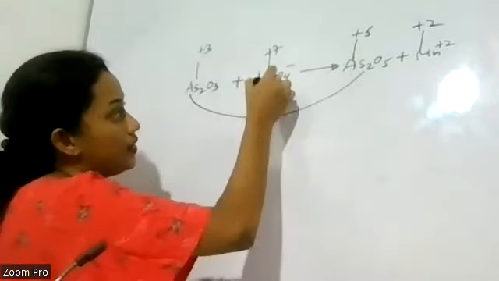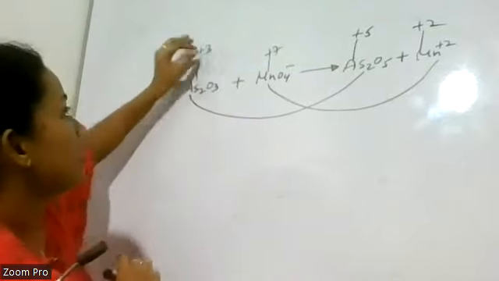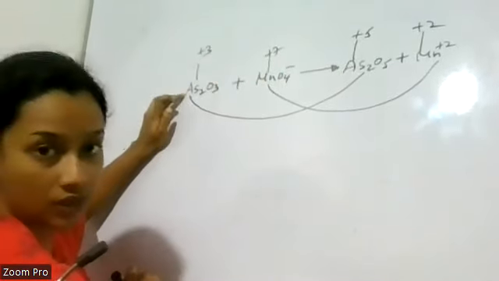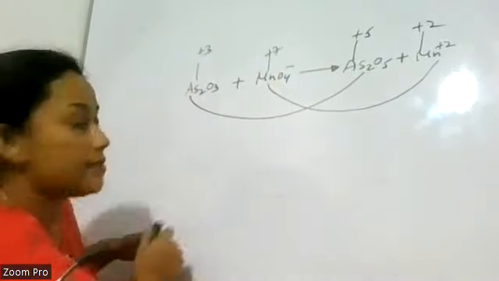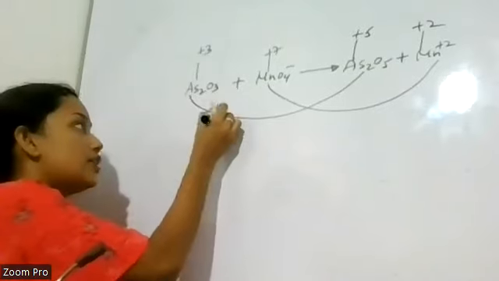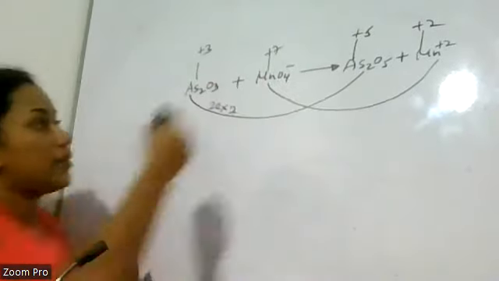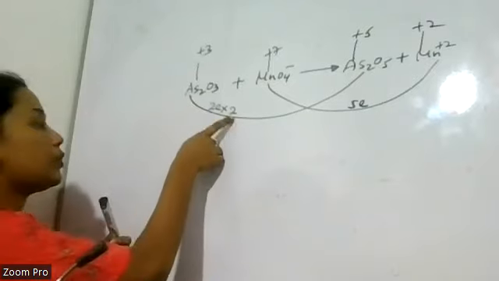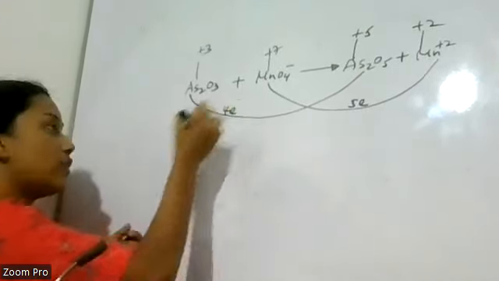From 3 to 5 for 2 arsenic atoms means 2 electrons into 2, that means 4 electrons.